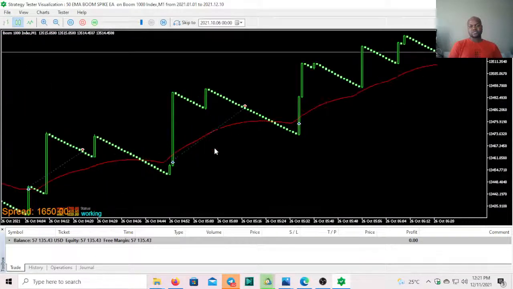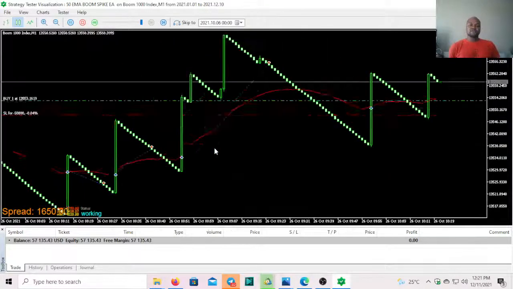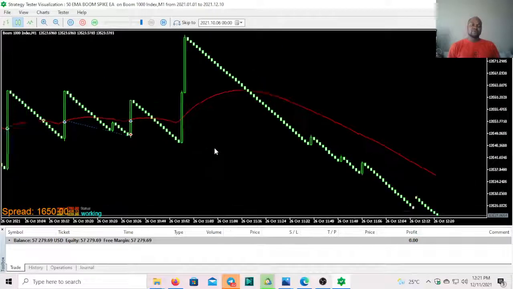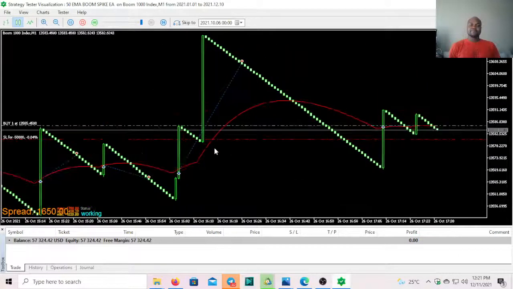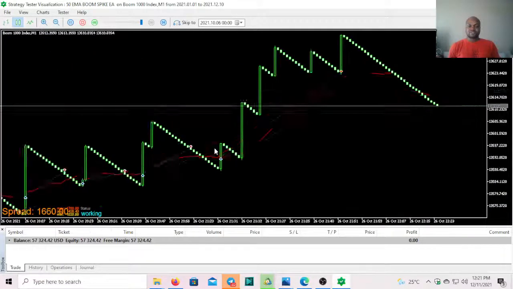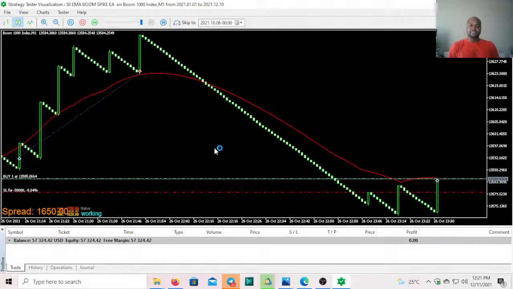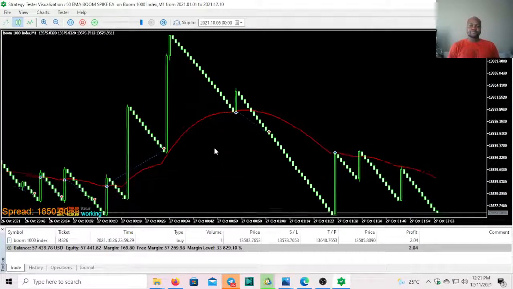So it works in all time frames, be it the 15, the 30, the 1 hour, the daily time frame. I have all the parameters for those different time frames, the stop loss and take profit. So if you're interested, you can get in touch.